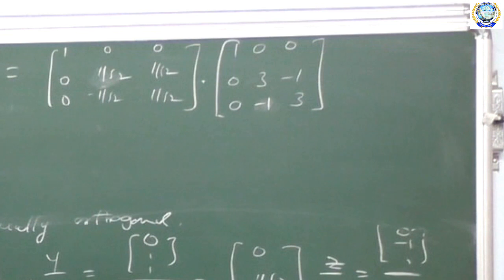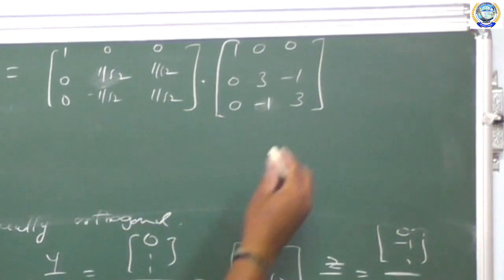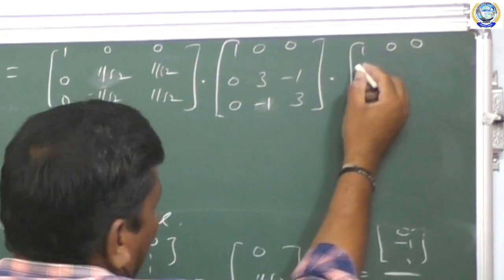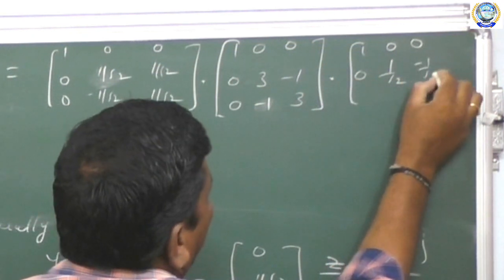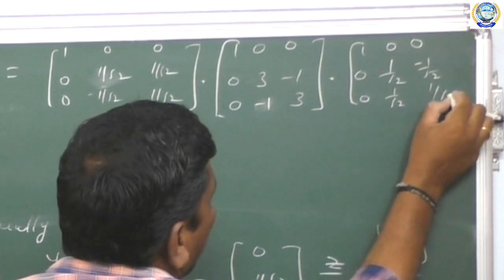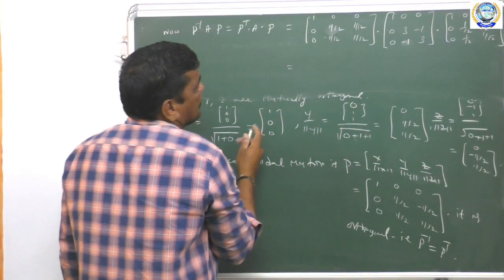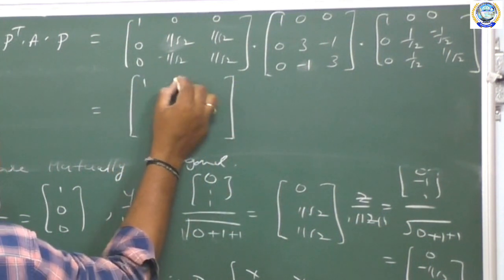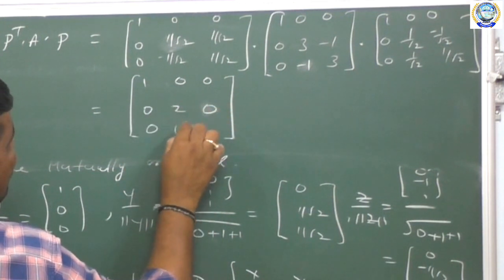A is 1 0 0, 0 3 minus 1, 0 minus 1 3, into P is 1 0 0, 0 1 by root 2 minus 1 by root 2, 0 1 by root 2 1 by root 2. To multiply these three matrices, we get the diagonal matrix 1 0 0, 0 2 0, 0 0 4.